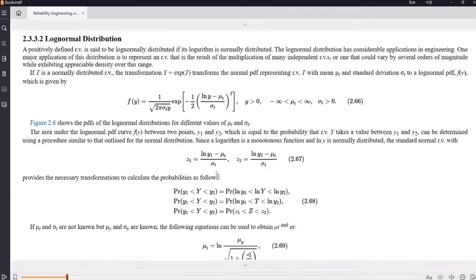And also, it tells us that we can still use the table for standard normal distribution with this transformation.